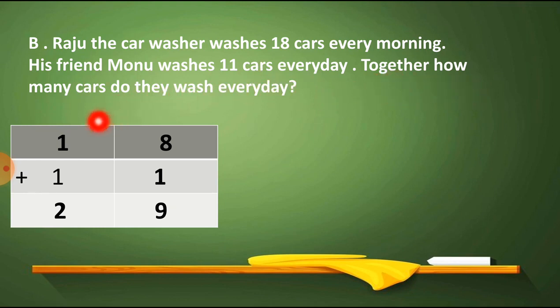Together, how many cars do they wash every day? In this we have to find how many cars they wash together every day. So here, these 18 cars Raju washes, so I write number 18 here, and then his friend Monu washes 11 cars, so I write number 11, and here is the together.